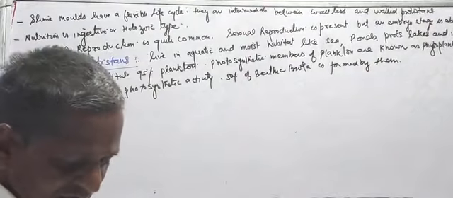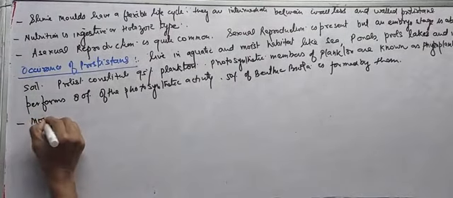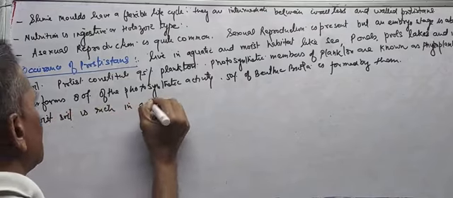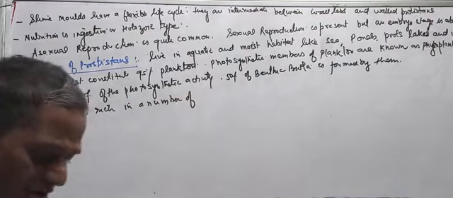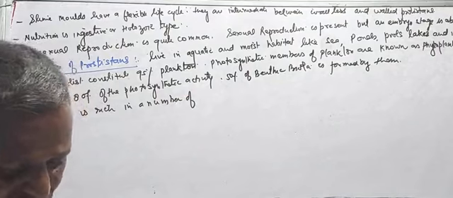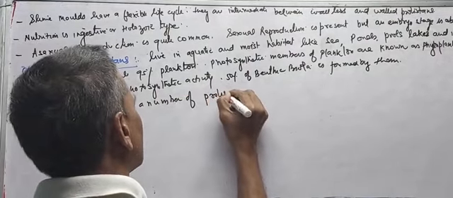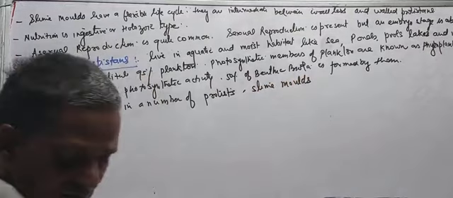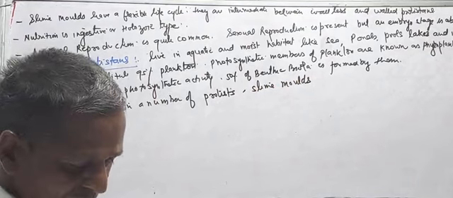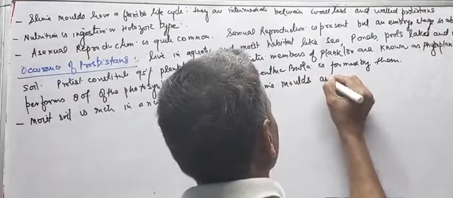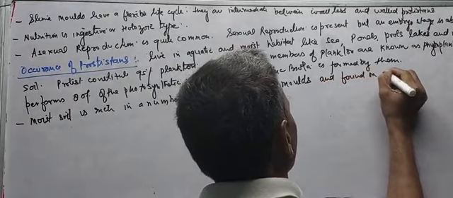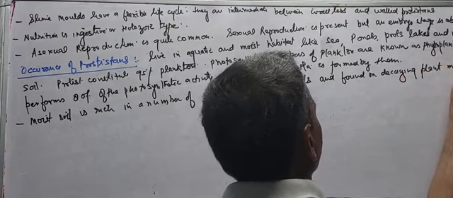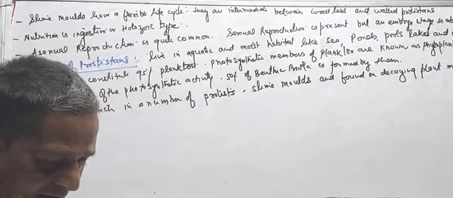Moist soil is rich in a number of protists, slime molds. Slime molds are found on decaying plant matter.